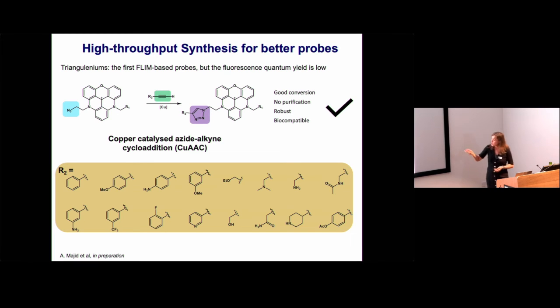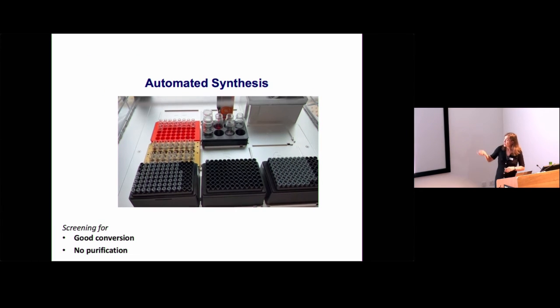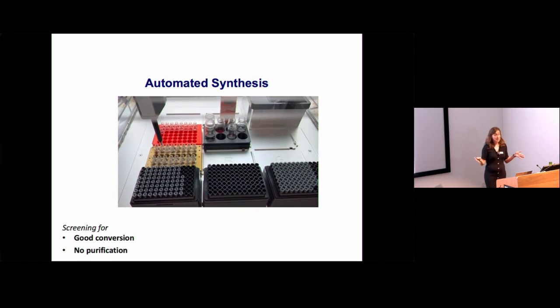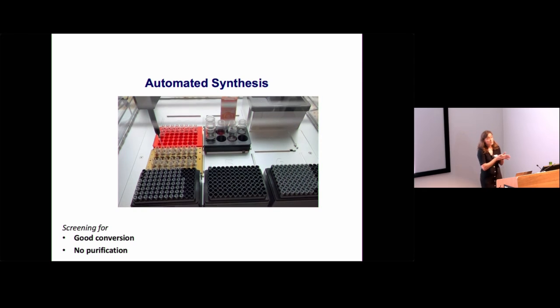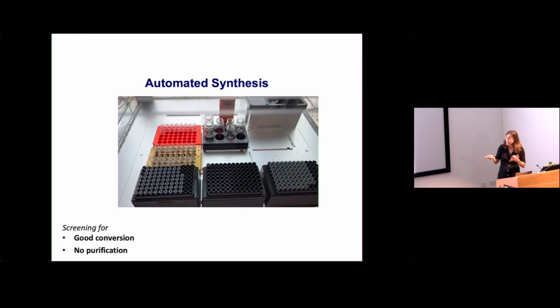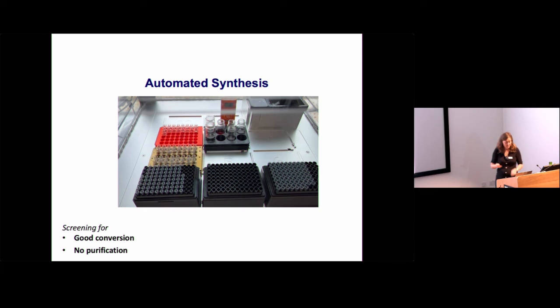So Atika purchased all of these amines with alkynes attached to them, and then performed the automated synthesis. I hope you can see here, the robot is doing the synthesis in 96 well plates. And then a different robot can do mass spec and NMR of all these reaction mixtures. And if the reaction didn't work, we simply discard this compound and do not promote it to the next step of our high throughput synthesis and investigation.